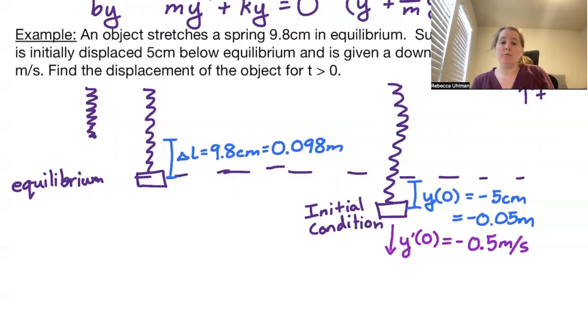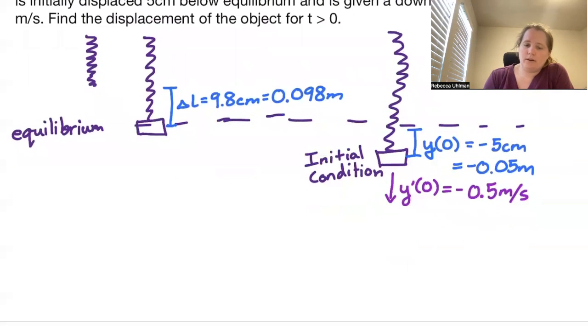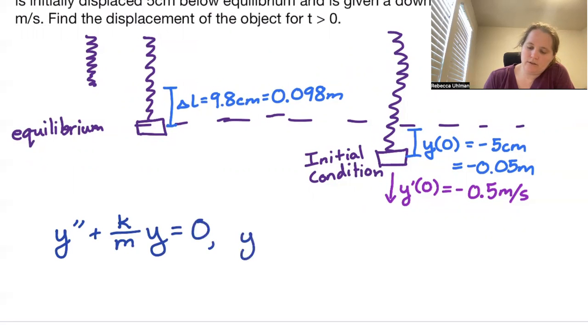And this is enough information for us to do the entire problem. So we have the equation y double prime plus k over m times y is equal to 0, with the initial conditions y of 0 is -0.05, and y prime of 0 is -0.5.